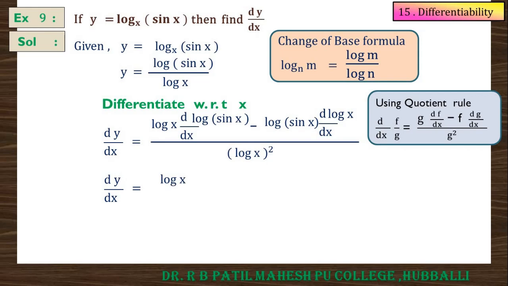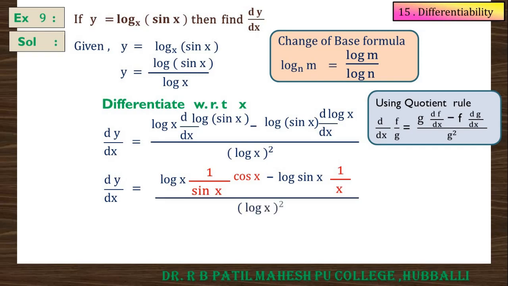So log x as it is; now write the derivative of log sin x. It is 1 upon sin x into the derivative of sin x, cos x. Log f of x gives 1 upon f of x, then the derivative cos x. Minus log sin x as it is; the derivative of log x is 1 by x. Whole divided by log x whole square.